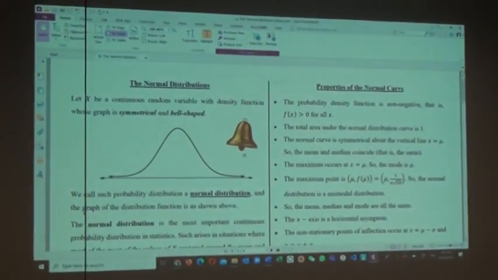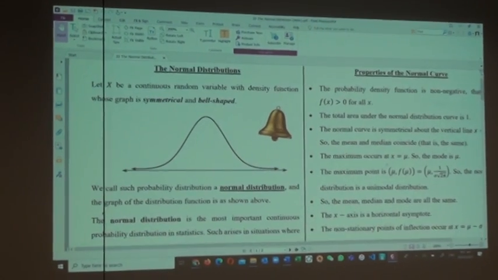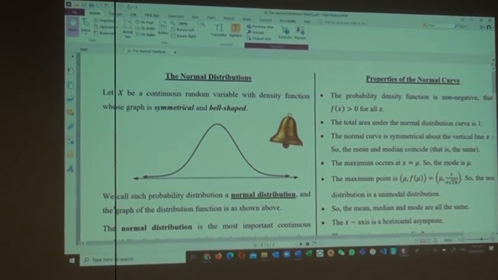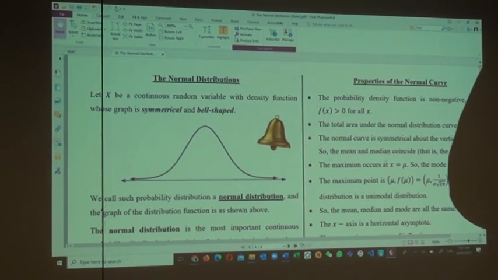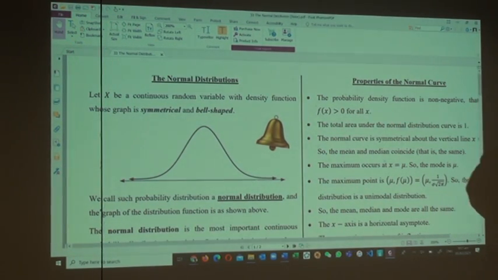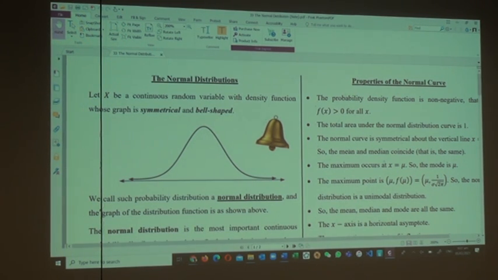All right. So, now, normal distribution. This is the last part that we need to do, but it's going to be broken into two sessions, today and Monday. The first thing we want to look at is, what is a normal distribution?